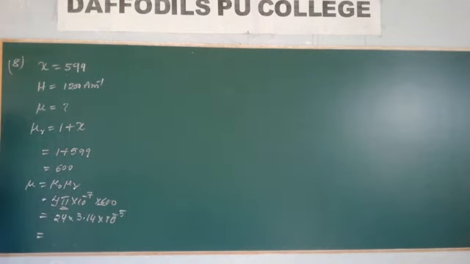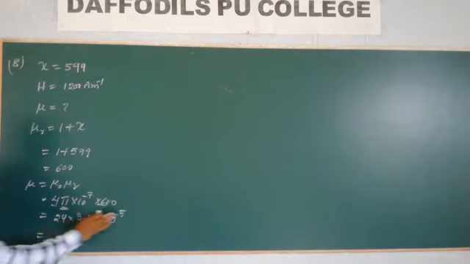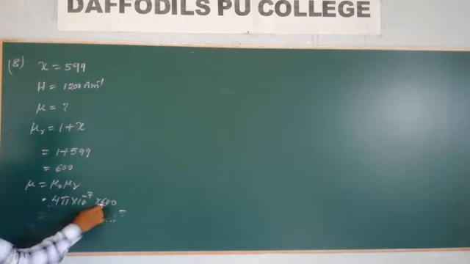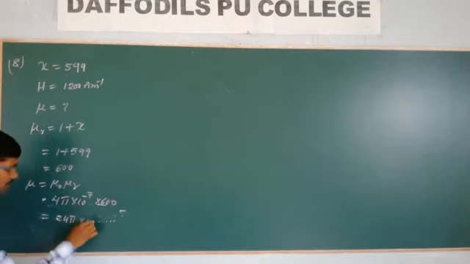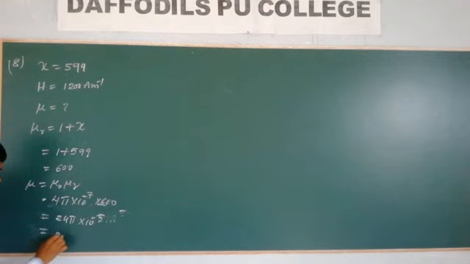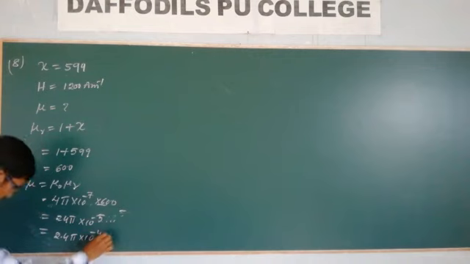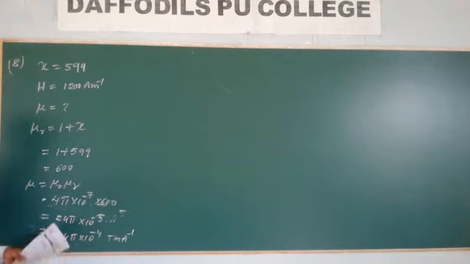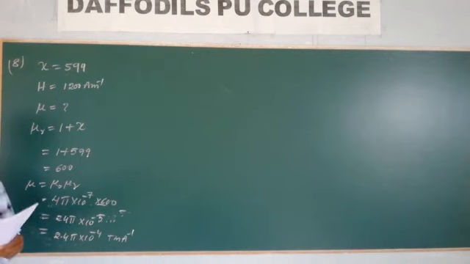Then 24 pi into 10 power minus 1, that is 2.45 into 10 power minus 4, in SI units, which is the second option.